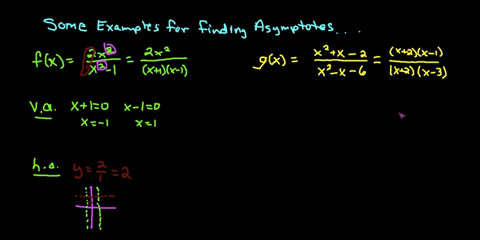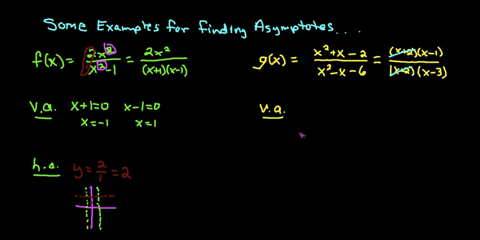So that's my factored form. Now the one thing that happens with this is I've got a common factor on top and bottom. So my x plus 2 on top and bottom cross off, so I'm actually just left with x minus 1 and x minus 3.